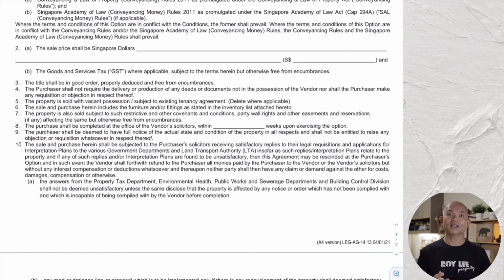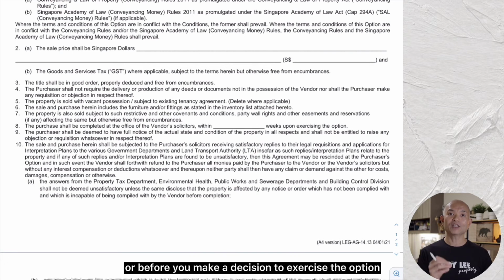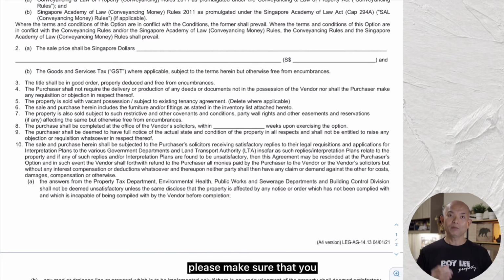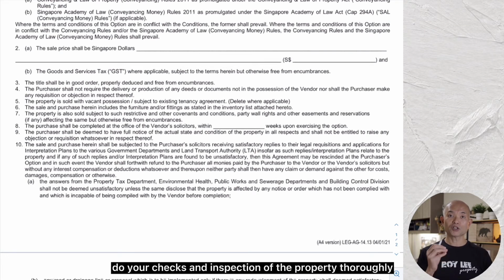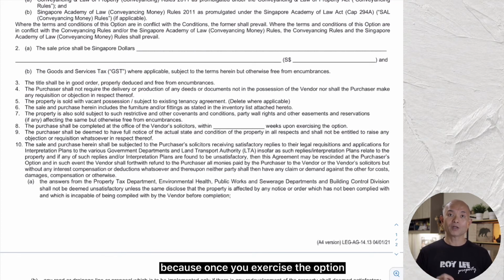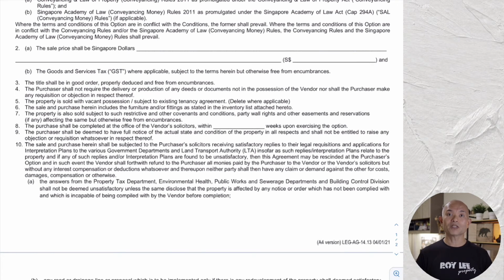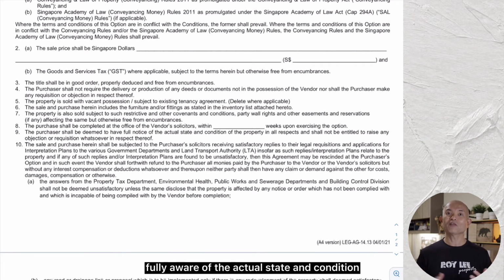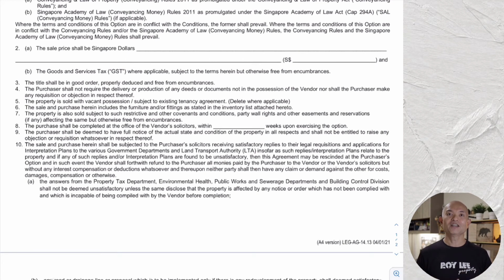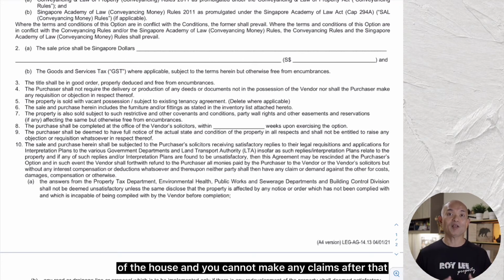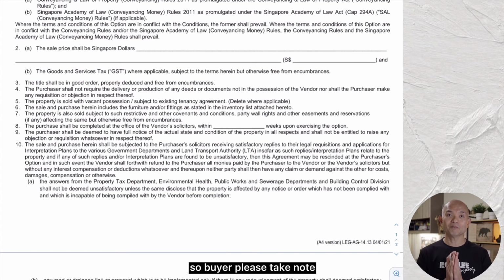So for the buyer, before you put in an offer or before you make a decision to exercise the option, please make sure that you do your checks and inspection of the property thoroughly, because once you exercise the option, you are deemed to be fully aware of the actual state and condition of the house, and you cannot make any claims after that. So buyers, please take note.